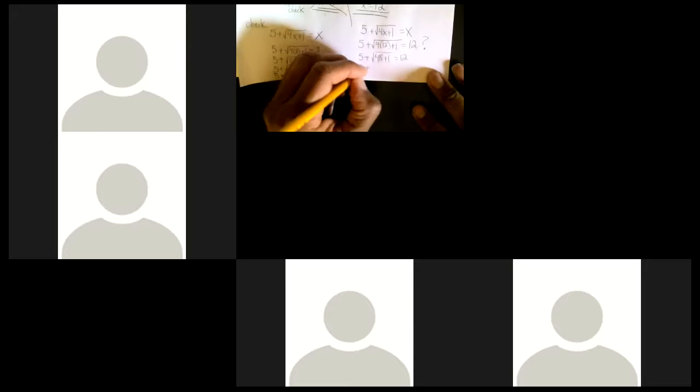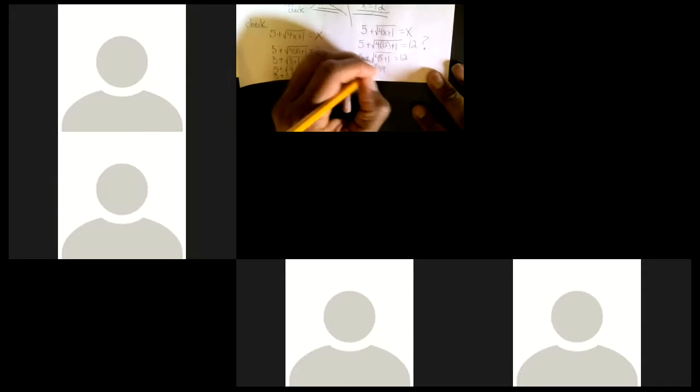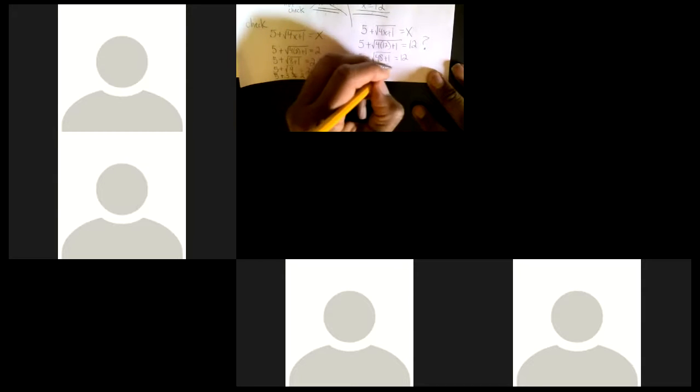That's 5 plus square root of 49. This is 5 plus 7, and that does equal 12.